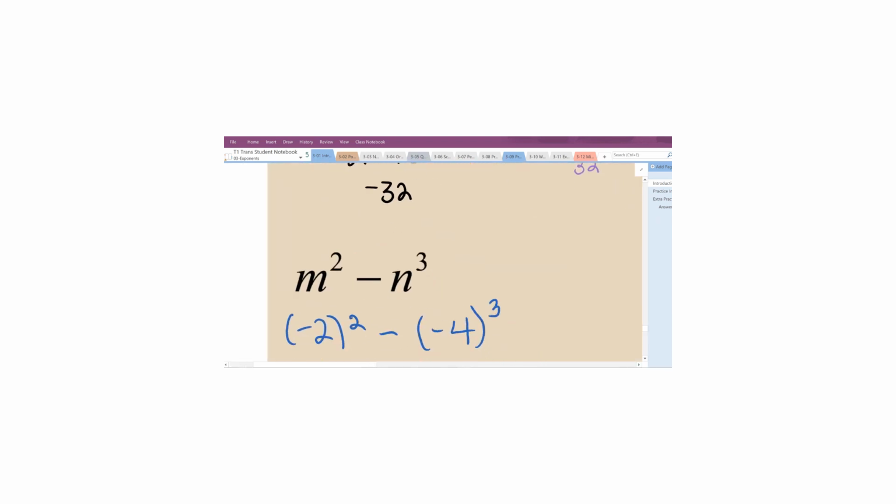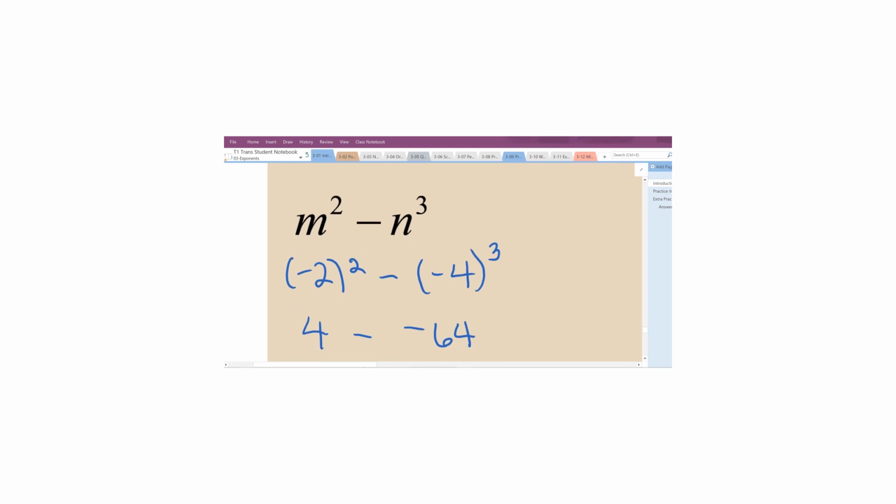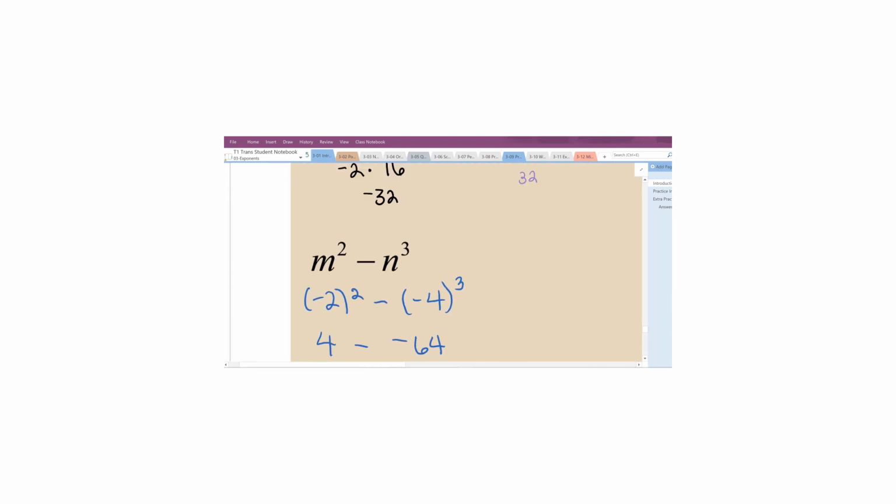So in this next problem, you should have substituted negative 2 in the place of m, negative 4 in the place of n. You don't want to change these two negatives here to a positive because you have to deal with the exponents first by order of operations. Negative 2 squared is 4. Negative 4 cubed is negative 64, because that actually equals negative 4 times negative 4 times negative 4.